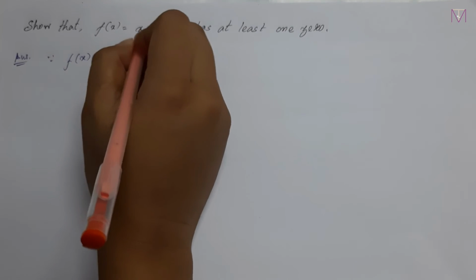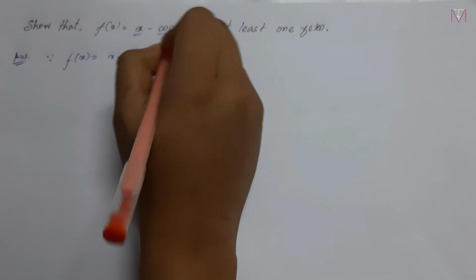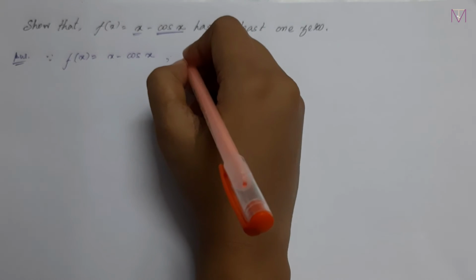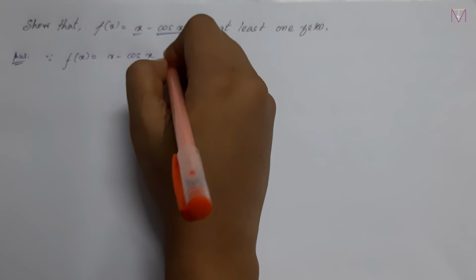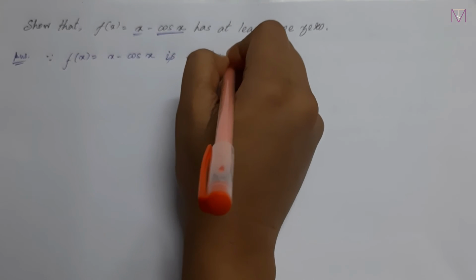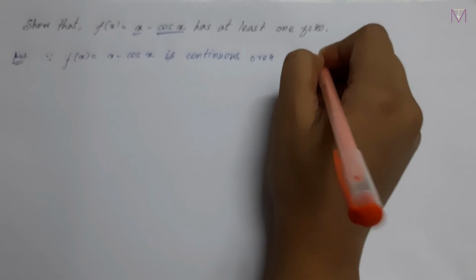This function is continuous, obviously, because this is a polynomial and this is trigonometric. So f(x) is continuous on minus infinity to infinity.